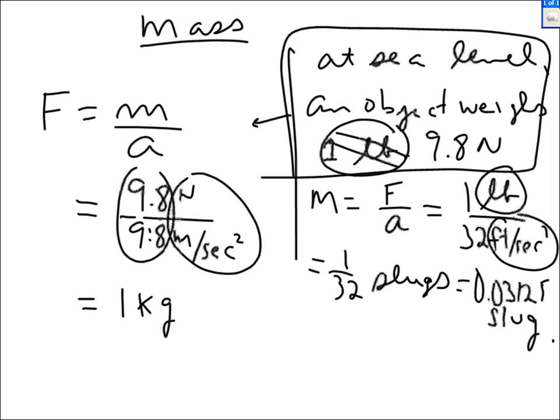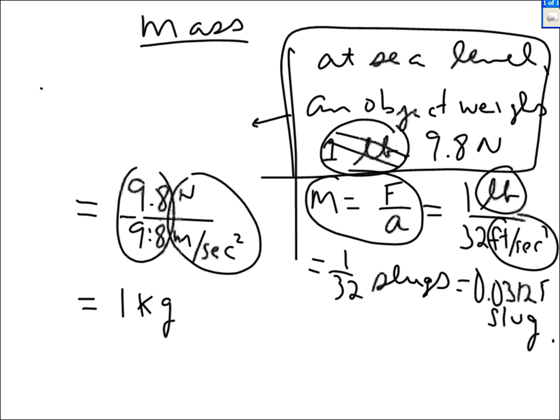Of course, what we did was wrong on the top, sorry. Force is M times A. I meant to say this formula over here: the mass is equal to the force over the acceleration.